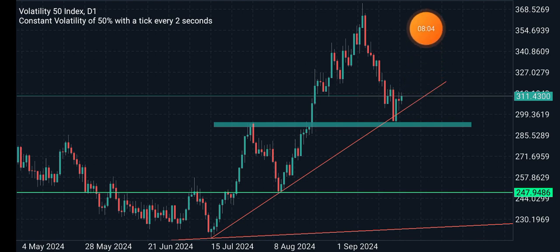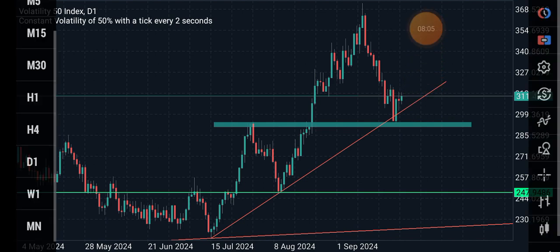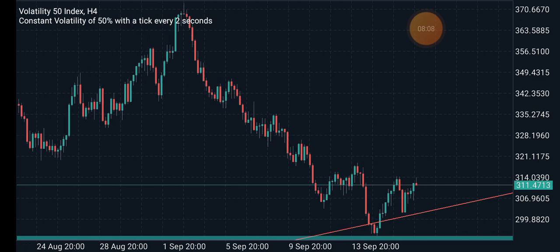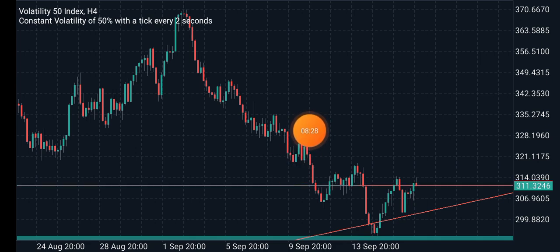Let's go to the 4 hours time frame to see what exactly is happening, to see if we would get a trade out of this or not. So if you see where it began from, price made a lower low, made a lower high, another lower low, a lower high, another lower low, a lower high.